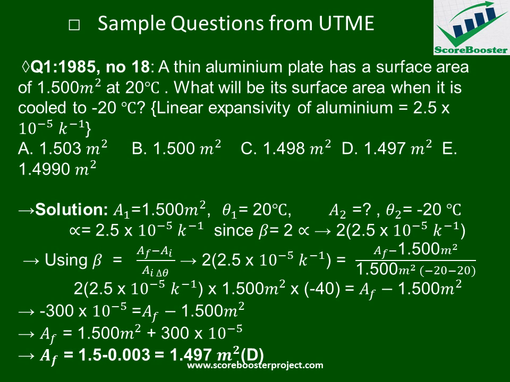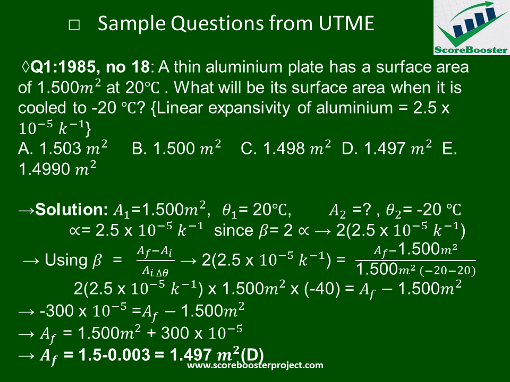The first thing to do as usual is to write out the given parameters, and from the question we are given the initial area A1 to be 1.500 meters square. Then we are given the initial temperature theta 1 to be 20 degrees Celsius.